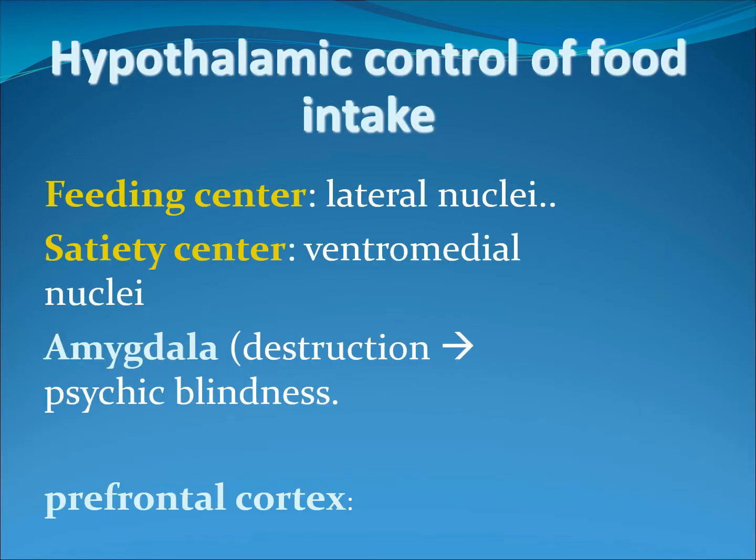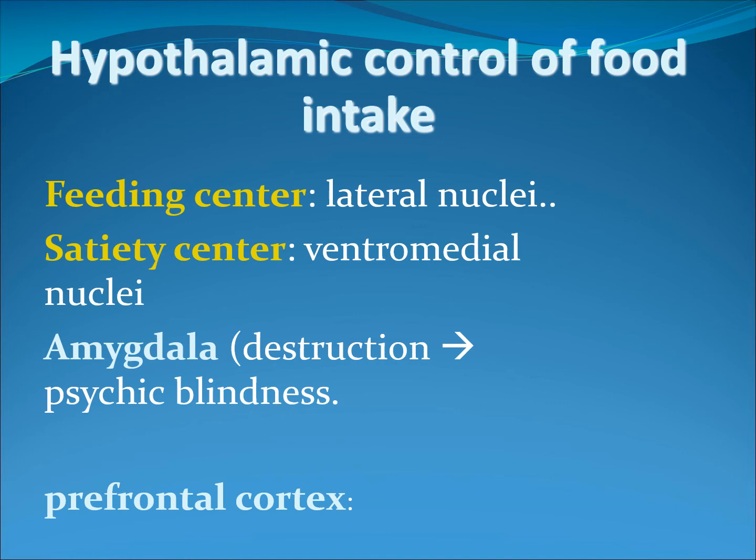In the hypothalamus, there are feeding centers, which are represented by lateral nuclei. By stimulation of feeding centers, there is an increase in feeding behavior. Also, there are satiety centers, represented by ventromedial nuclei. By stimulation of satiety centers, there is a decrease in feeding behavior.